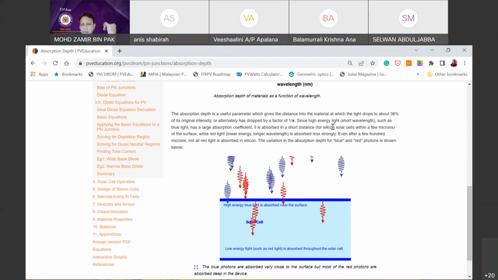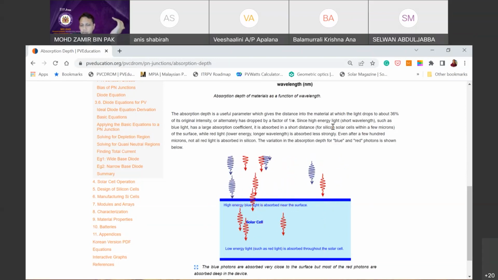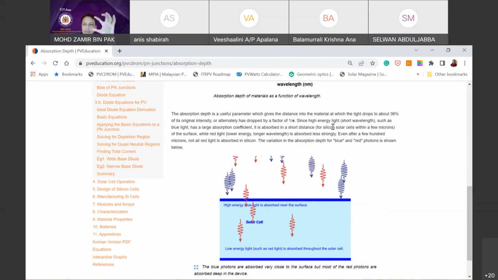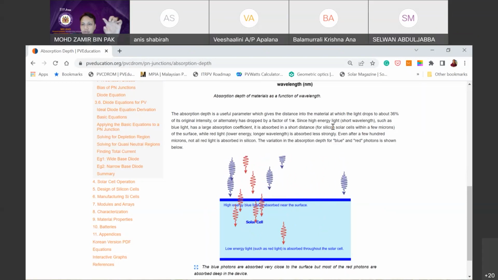On the other hand, if you want to make the technology cost cheaper, one option is to go for thinner crystalline silicon. But if you go for thinner crystalline silicon, it will suffer from poor absorption because the thickness is not enough to be able to absorb the solar spectrum completely.